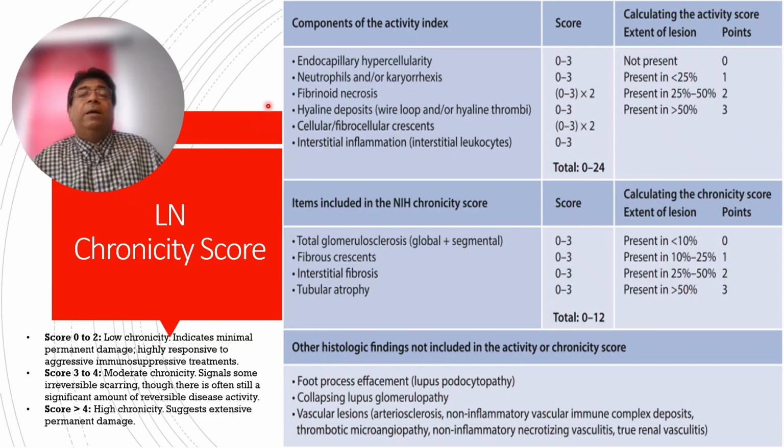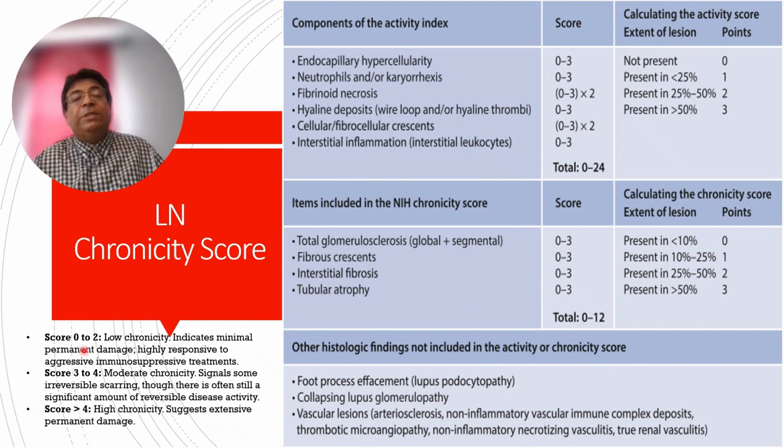So you're going to score each aspect of the kidney biopsy: endocapillary hypercellularity, fibrinoid necrosis, hyaline deposits, which is the wire loop lesion, crescents, and then interstitial inflammation, fibrosis, tubular atrophy. And then you're going to come up with a chronicity score. You're going to add up everything.